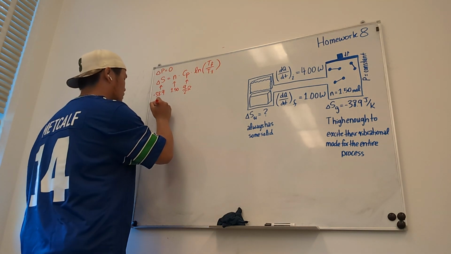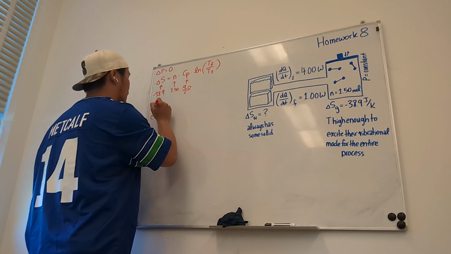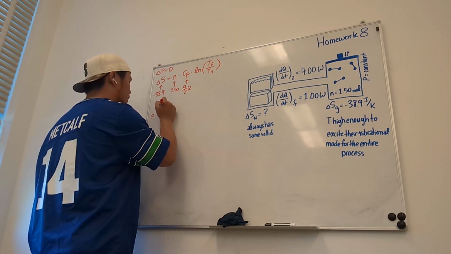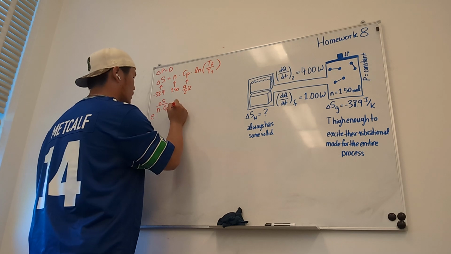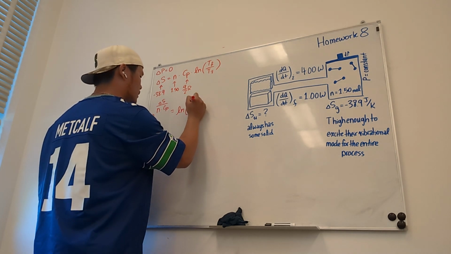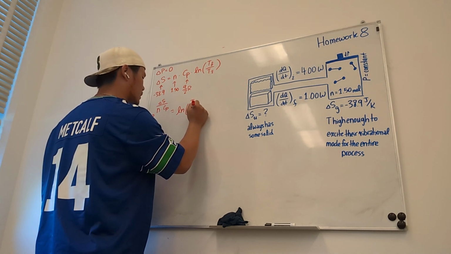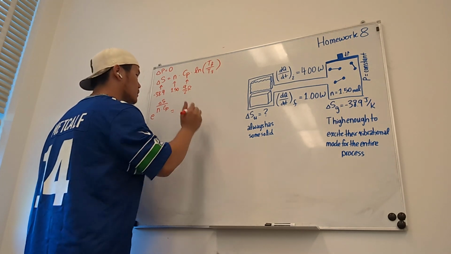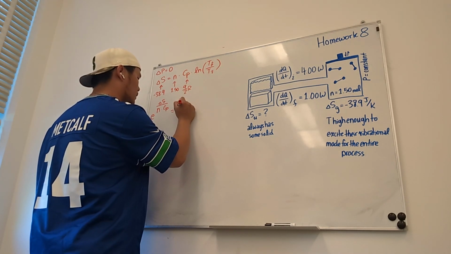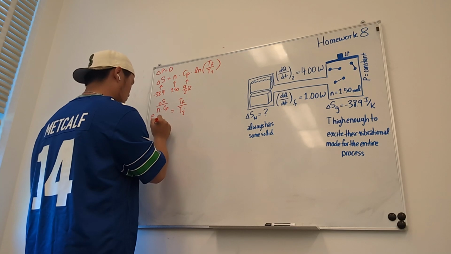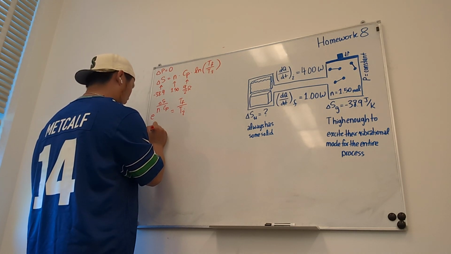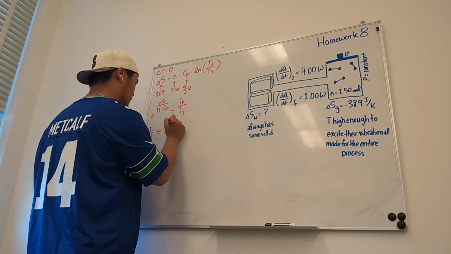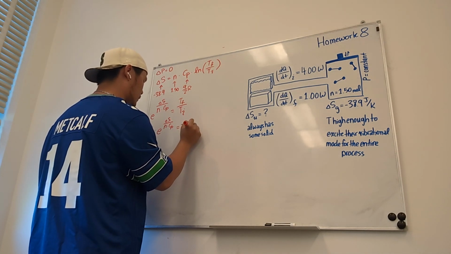We get e to the power of delta S over N Cp is Tf over Ti, not ln, excuse me. Ti times e to the power of delta S over N Cp is equal to Tf.